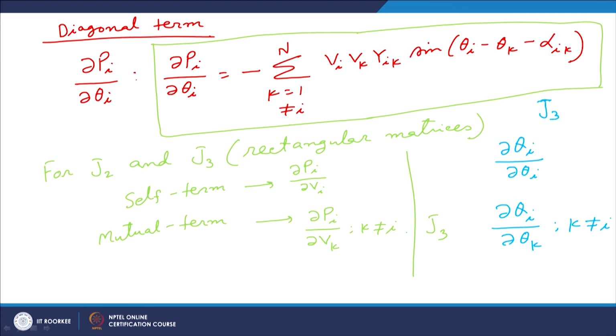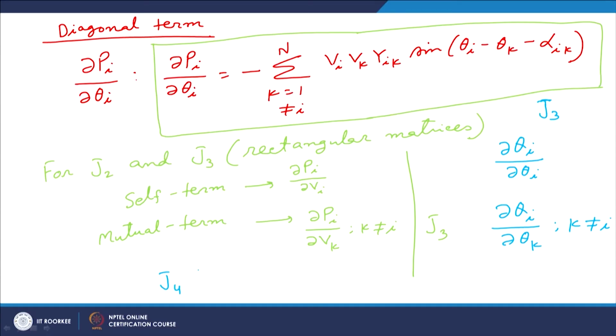In the next classes we will be looking into what these expressions would be, and also the expressions of all the elements of J4. Because J4 is a square matrix, there would be diagonal and off diagonal terms.